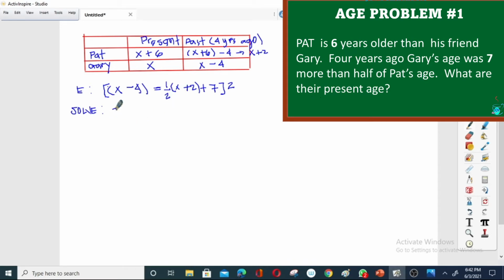So this will become 2 multiplied by x minus 4 is equal to, the 2 will cancel out, so the remaining will be x plus 2 plus 14. 7 times 2 is 14. So distribute.